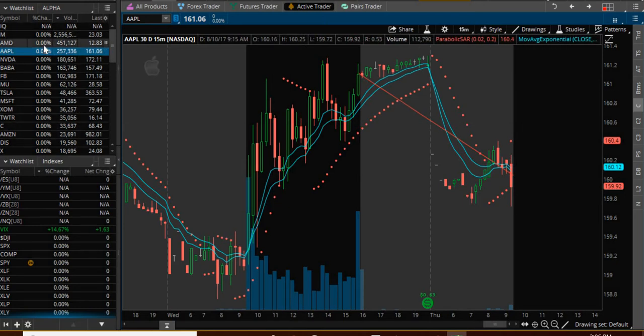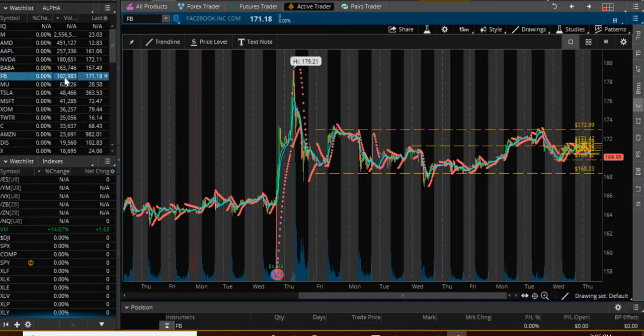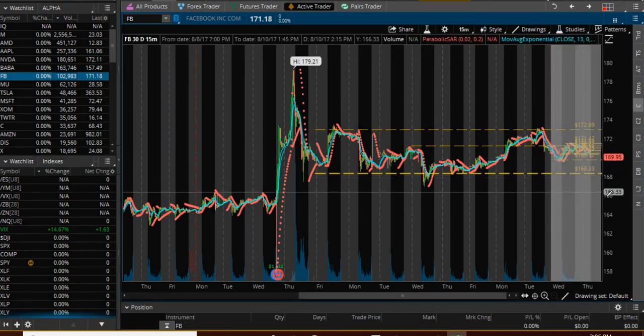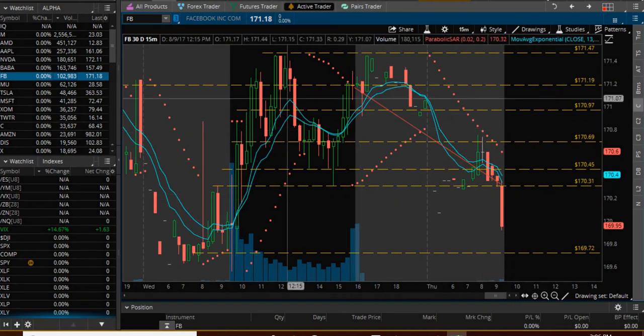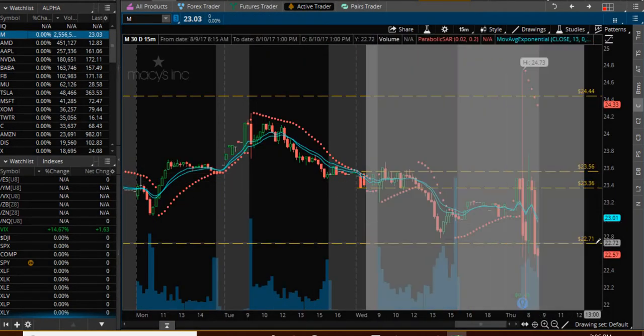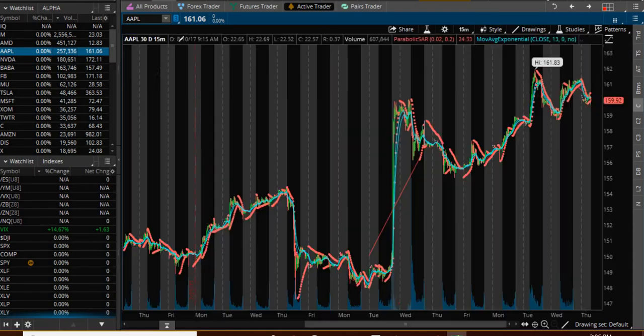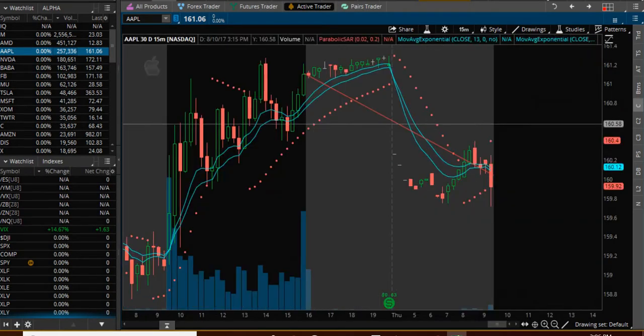So looking at this, in accordance with the VIX exploding, our most correlated names would be Facebook, Macy's, and Apple, if it ever loads up.